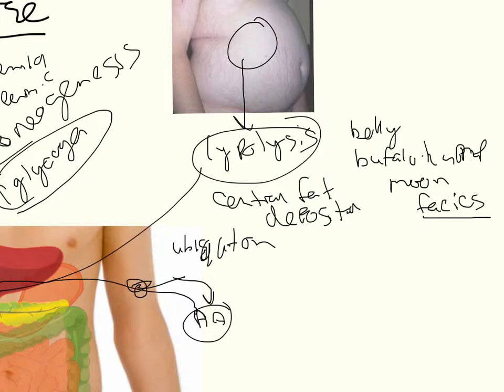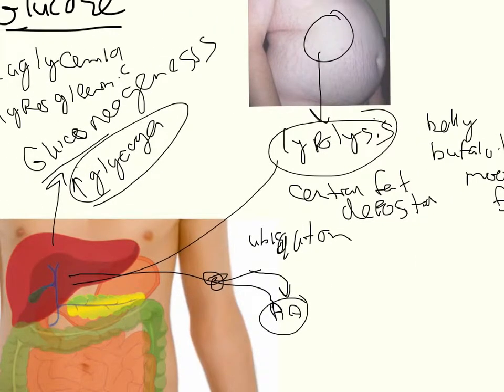That's facies. So with Addison's, on the other hand, you're going to have decreased hepatic glucose output. You're also going to have decreased glycogen stores. You'll have decreased lipolysis and decreased adiposity.